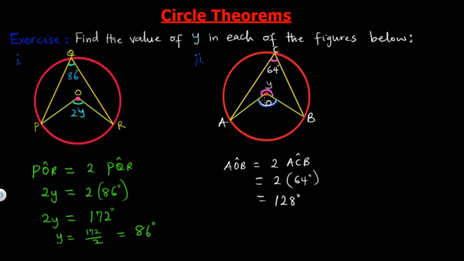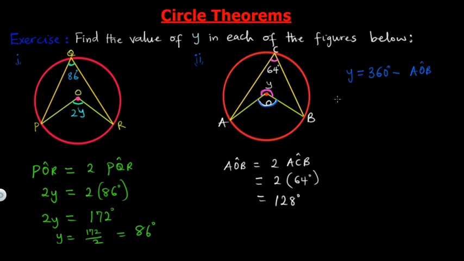If you look at this, angle at a point is 360. That means angle AOB subtracted from 360 will give us y. Therefore, we can say y is equal to 360 degrees minus AOB.